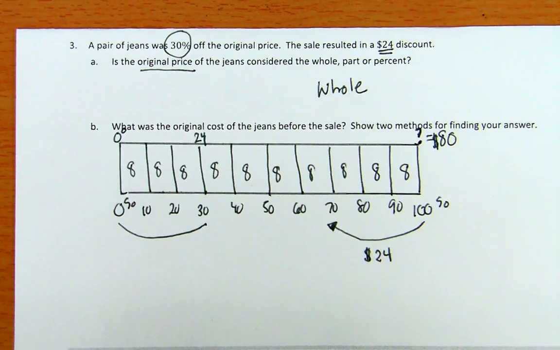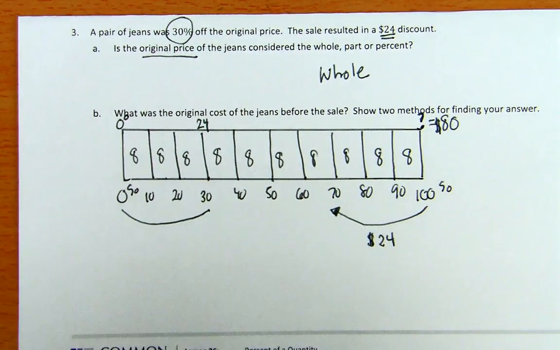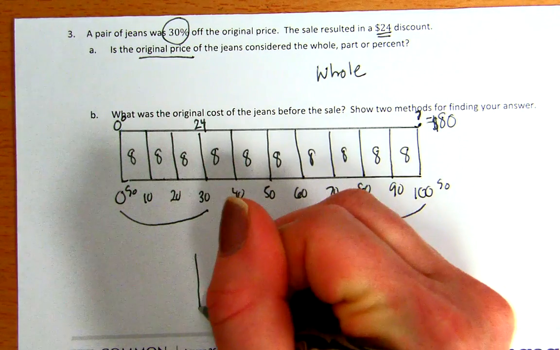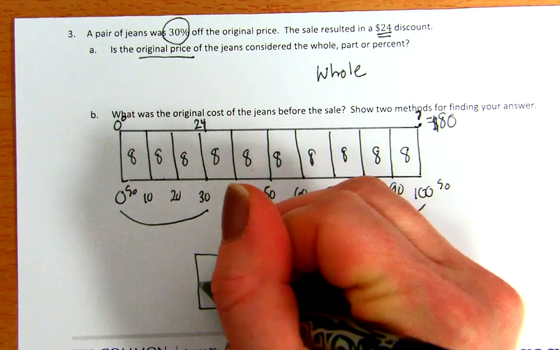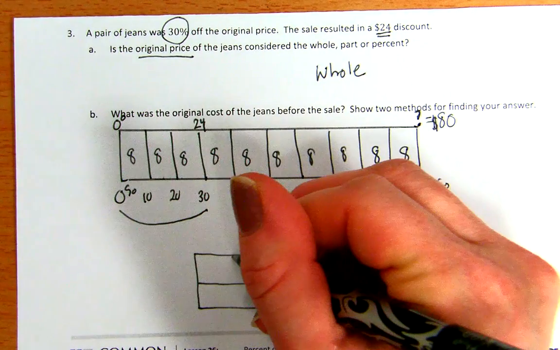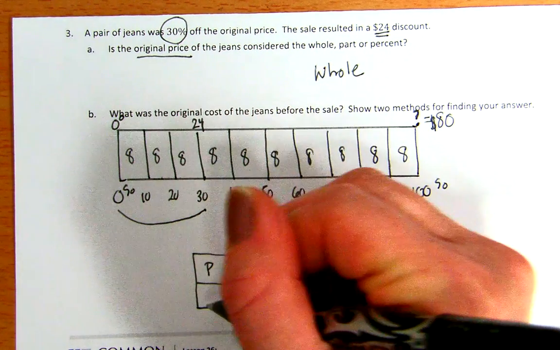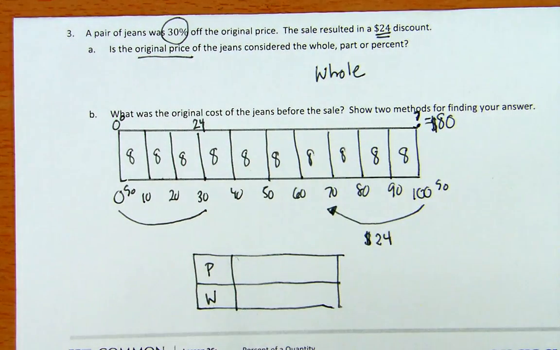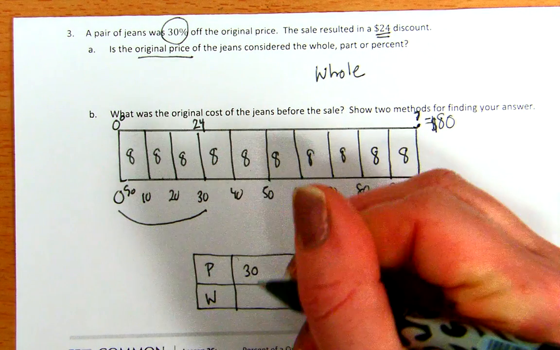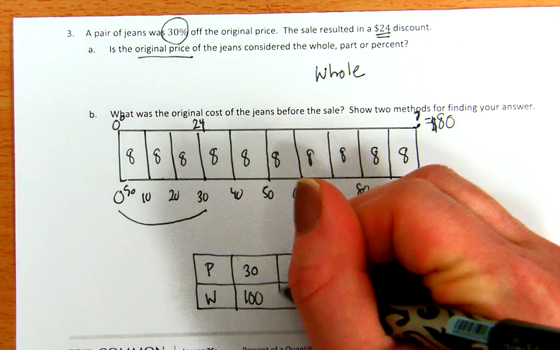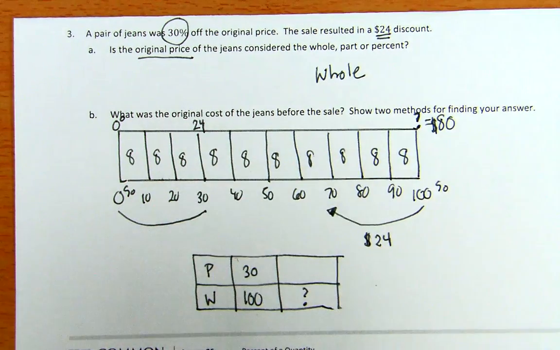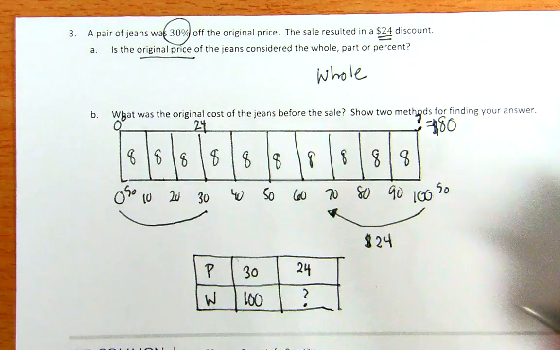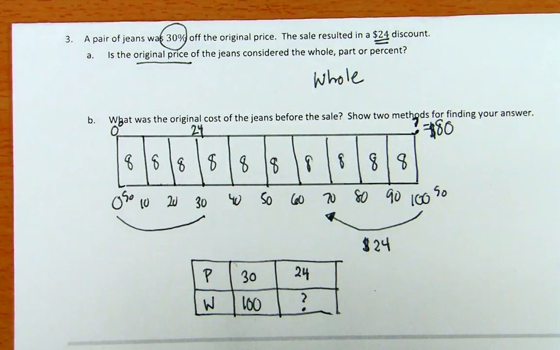So what's a different way to do this problem? Well, we can do our ratio tables as per usual, right? And because we're dealing with part and whole, in this case, we had 30%, which would be 30 out of 100. And we didn't know what the original price is, but we know that 30% would be $24. Okay.